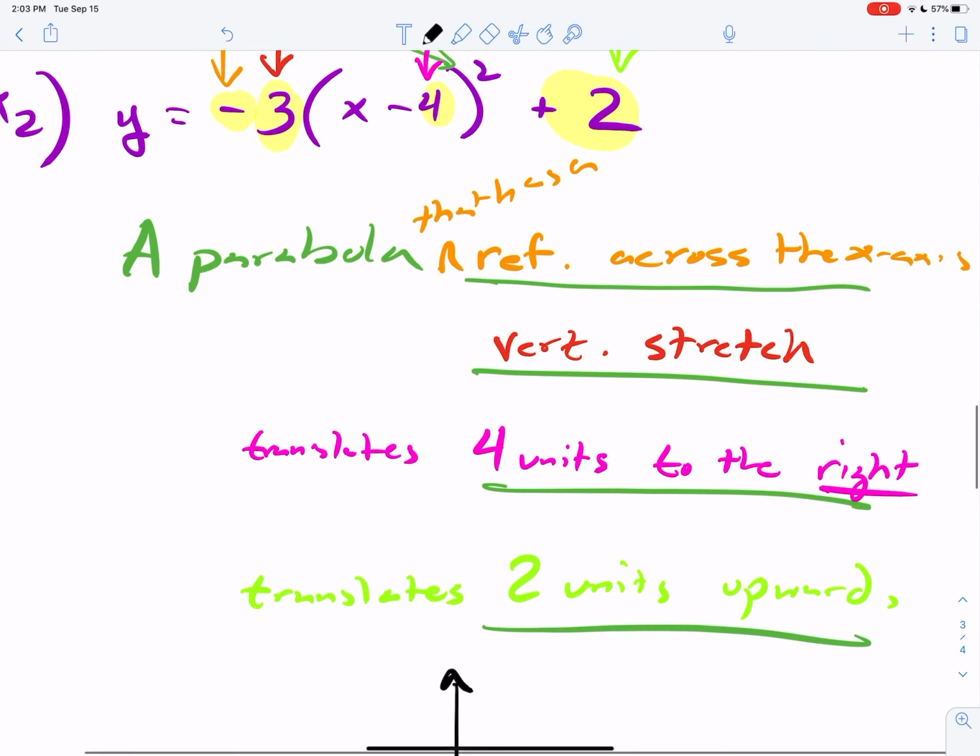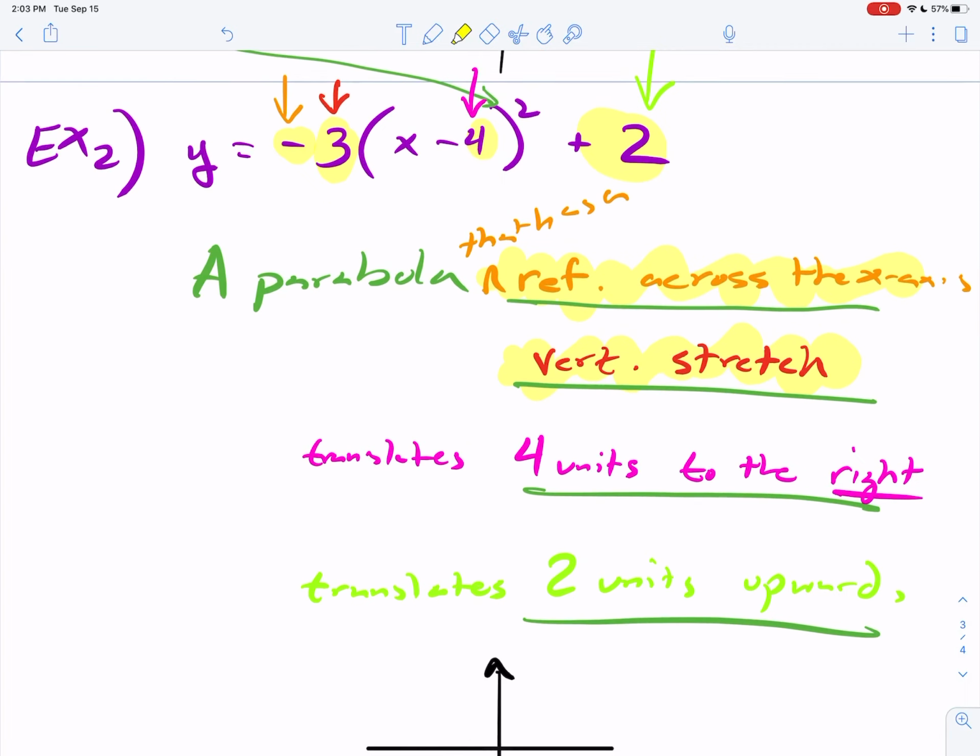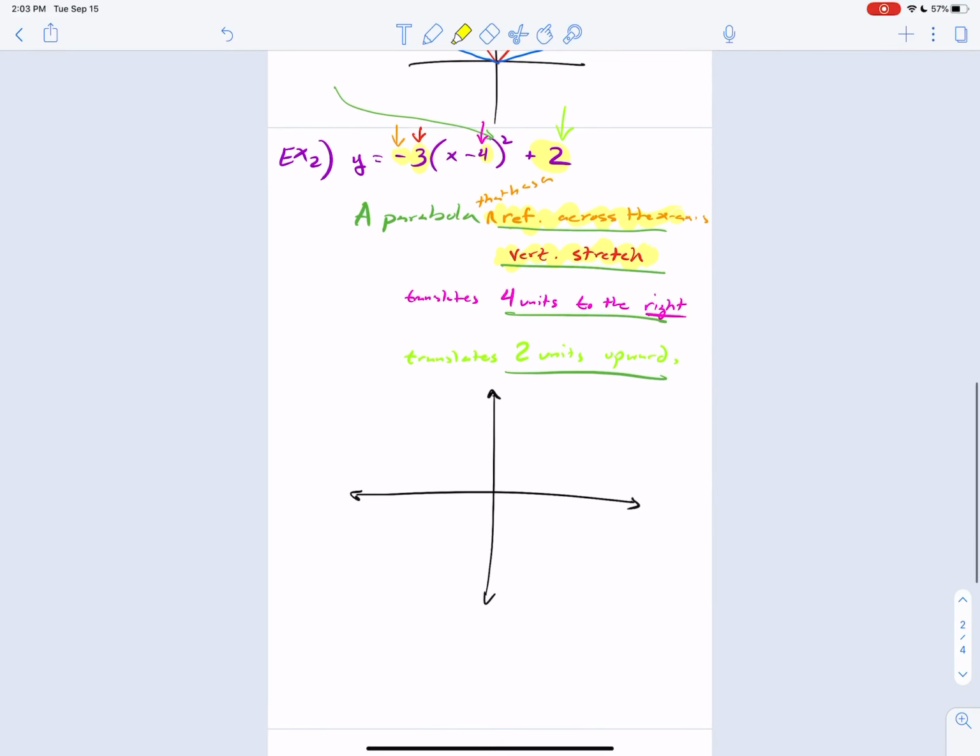We have to talk about reflections and dilations first before we do any of the translations. We have to multiply before we add. That's the logic behind it. So whether you reflect or stretch first, it does not matter, but you cannot translate first and then reflect, because you will not get the same picture.